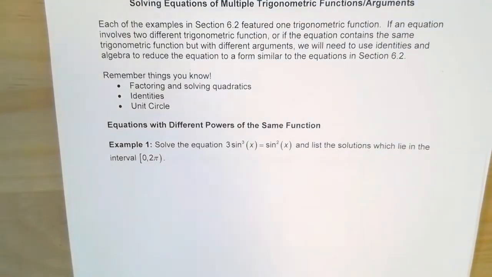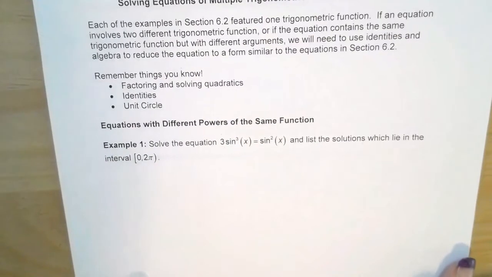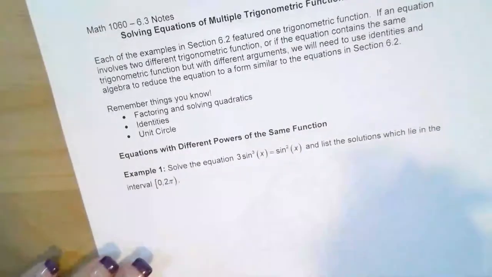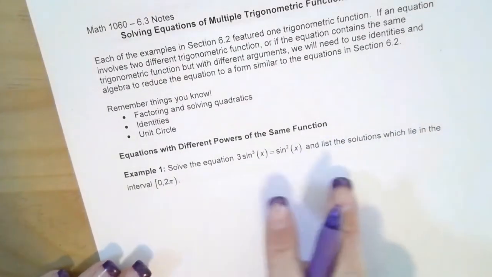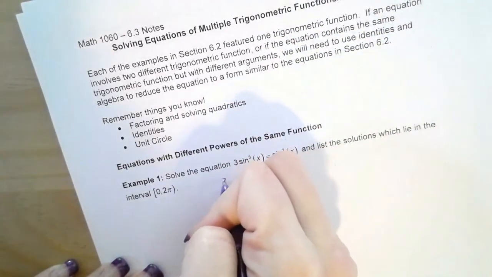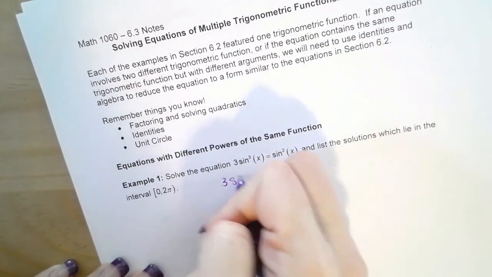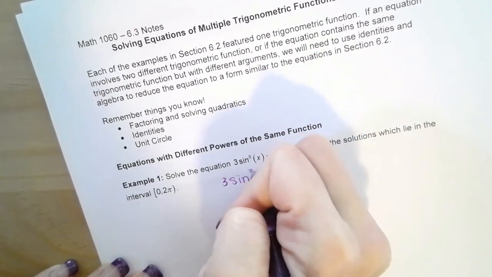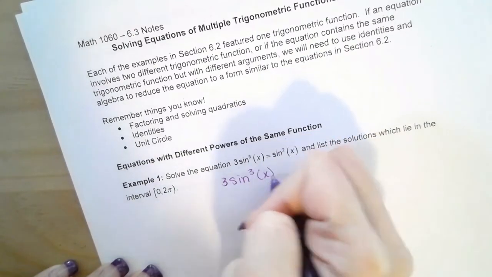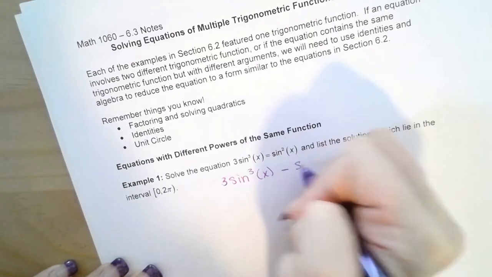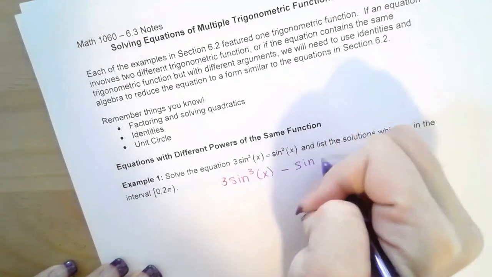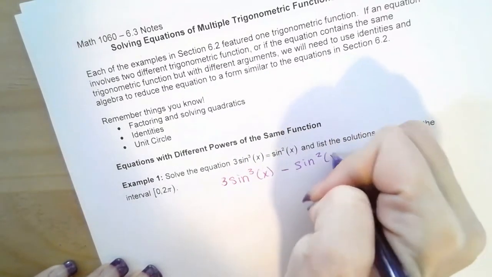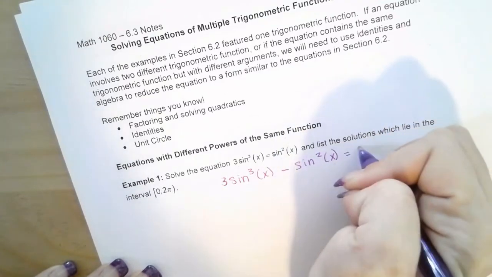So, example 1, solve the equation 3 sine cubed x equals sine squared x. What we want to do first is get everything to one side. So I'm going to subtract sine squared x from both sides, and that equals 0.